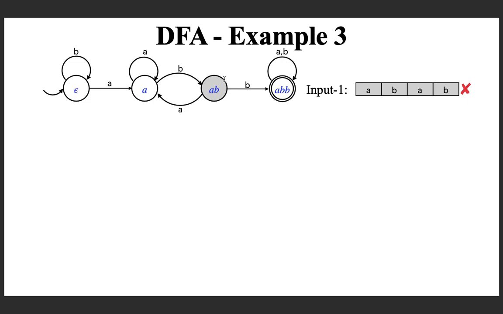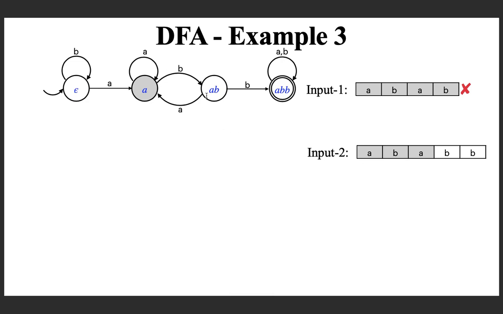And maybe we can look at an example string which can be accepted. Here is another example input. Begin with the start state. The first input symbol is A, you are going to move right, and the next is B, so you are going to take this transition, and next is A, going back, and what is next?